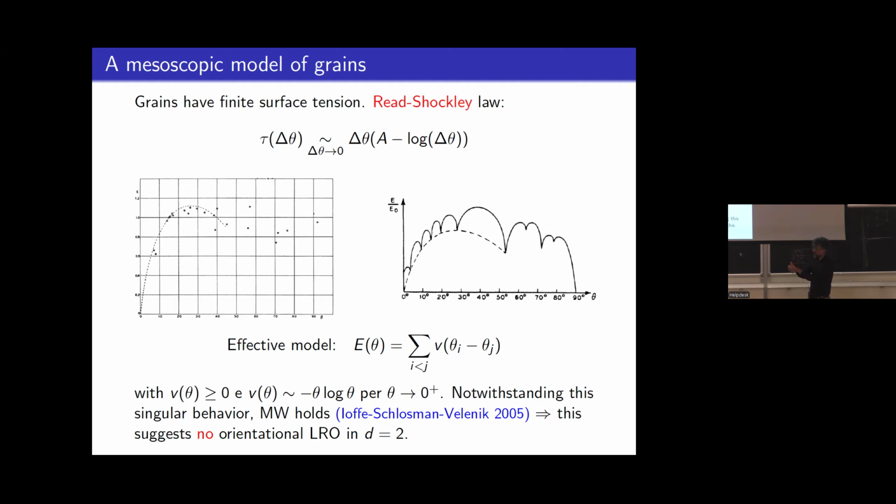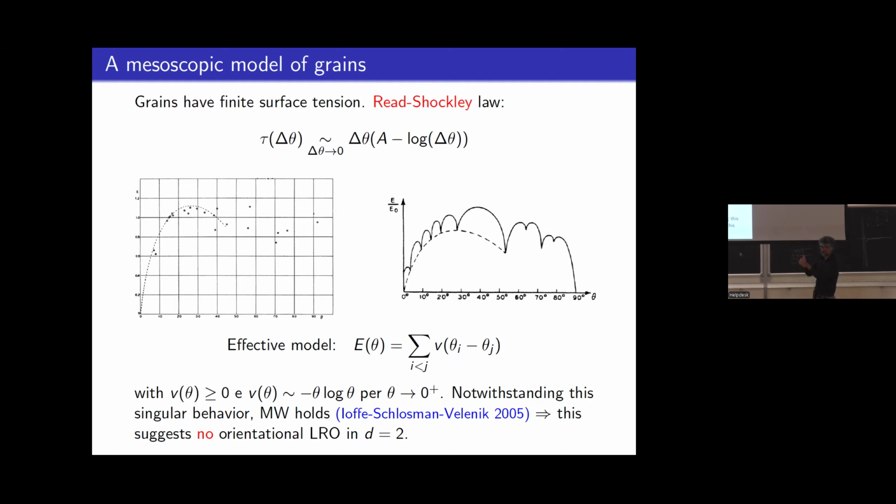It's a rotator model, however, in which the pair interaction of two neighboring grains with a small offset does not scale like delta theta squared, like in the standard rotator model, but rather like delta theta log delta theta. In the standard rotator model, where the interaction is the cosine of delta theta, the interaction energy is 1 minus cosine delta theta, so it scales like delta theta squared.